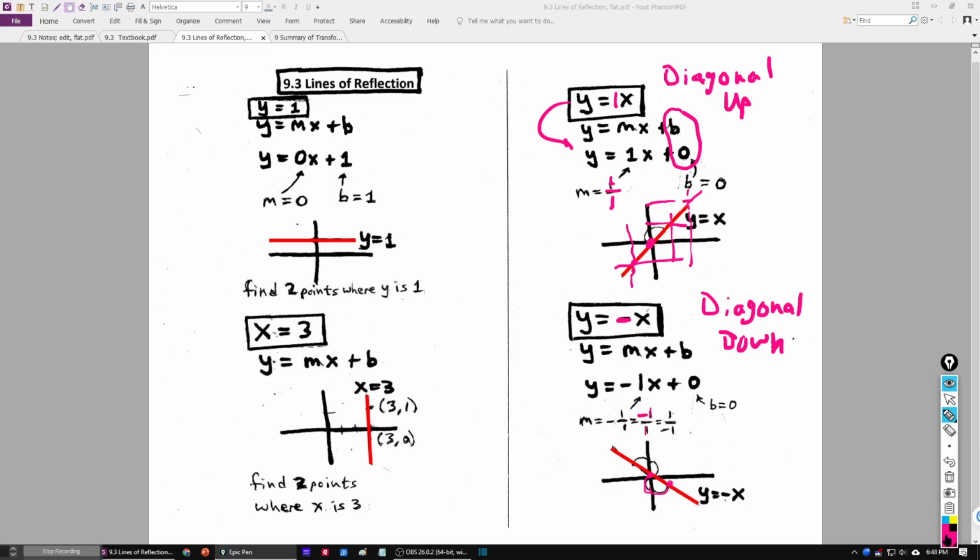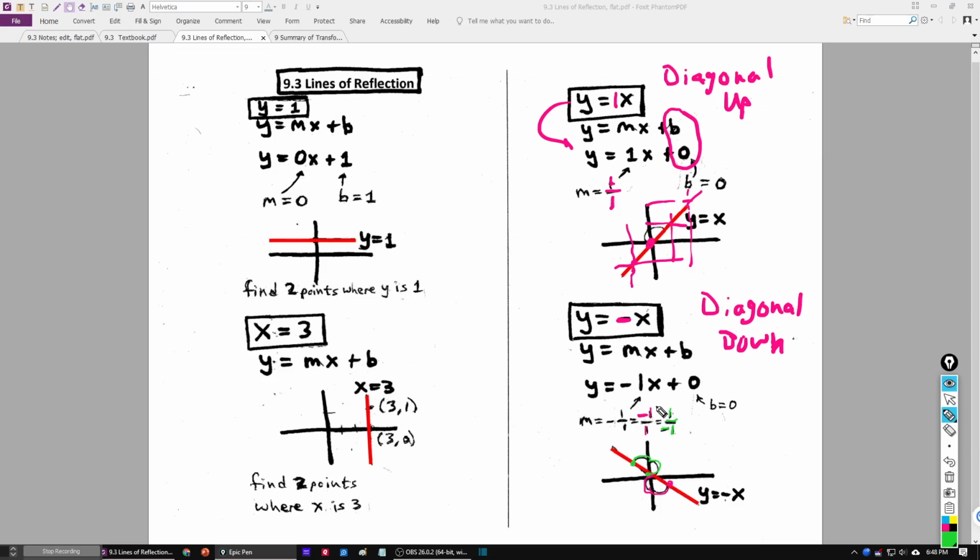But you know that negative 1 over 1 could also be written as 1 over negative 1. All right? So if we do a rise of positive 1, that's going up here, and then a run of negative 1, that's going over to the left. And notice now that we have these 2 points. So whether you connect those 2 green points or those 2 pink points, it's going to be the same line.